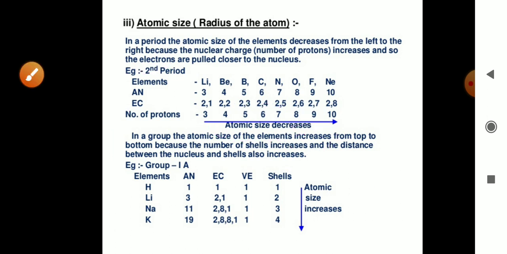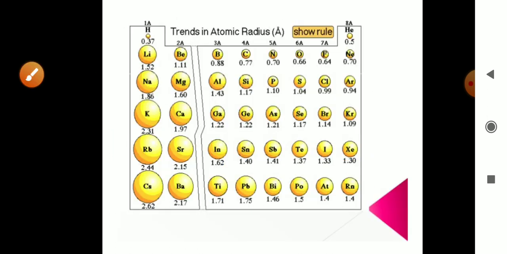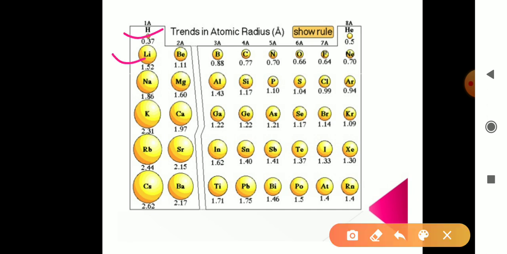We can see this in this diagram. Here, see the size of hydrogen is very small. Lithium is greater, sodium is greater, again potassium is greater than sodium, rubidium is greater than potassium, cesium is greater than rubidium, because the number of shells for hydrogen is 1, lithium 2, sodium 3, potassium 4, 5, 6, like that.